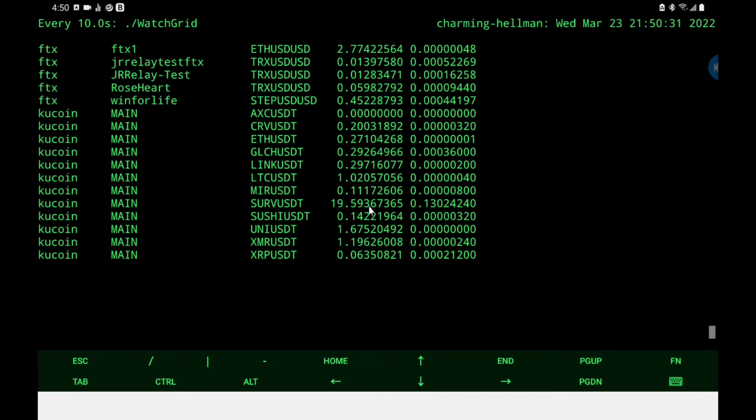This is why I said in my last video, when you're working with Equilibrium and really any grid-based system, you need to look at the potential of holding your coin for at least 1 to 2 years.